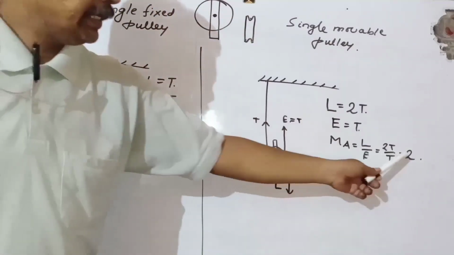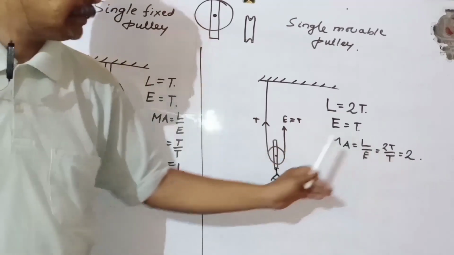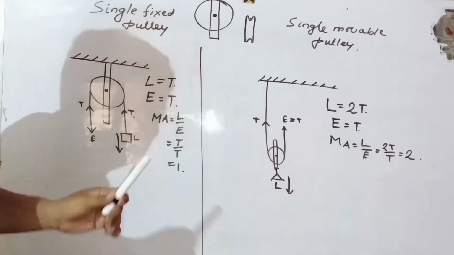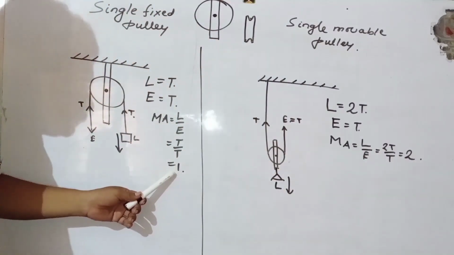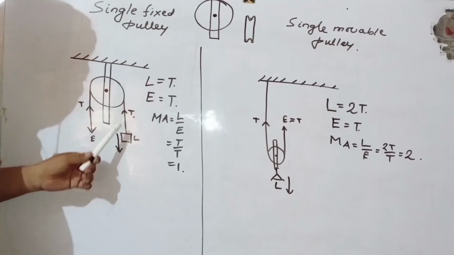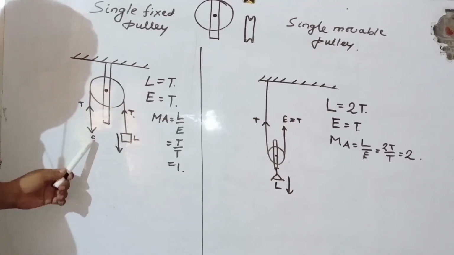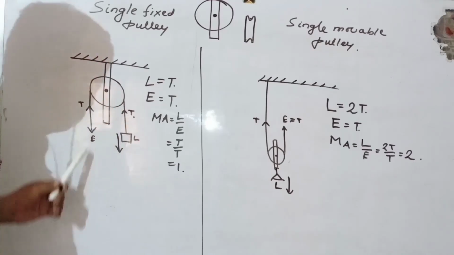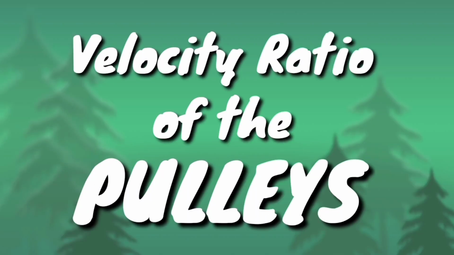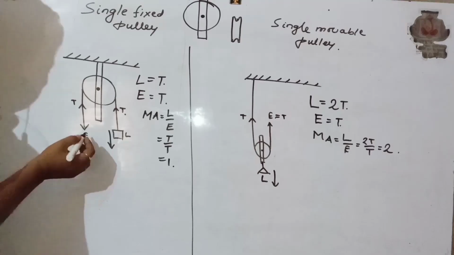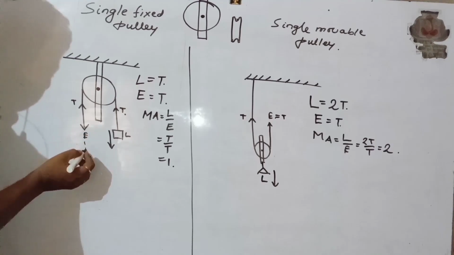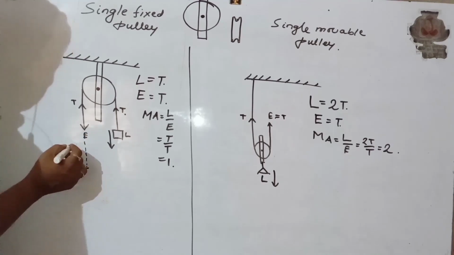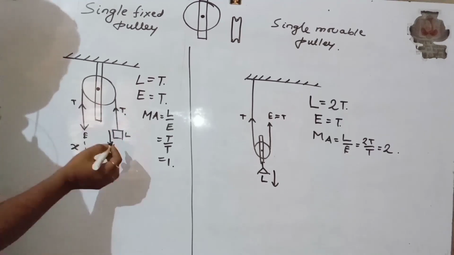We know that mechanical advantage greater than 1 means it is a force multiplier, and mechanical advantage equal to 1 means this pulley is used to change the direction of effort. Now suppose this effort point is moving down through a distance x.